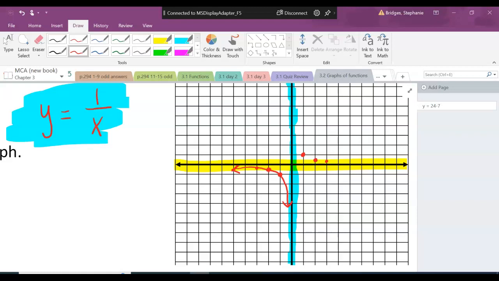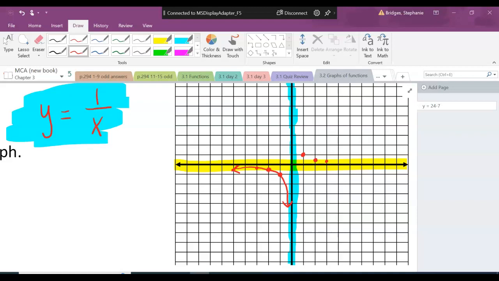Let me ask you this. Let's pick a big number. What if I chose 100 and I plug that in for x? Not that that's going to be on my graph, but that just gets a smaller number, right? If I did 1 over 1,000, that's even smaller. But I can't ever equal 0 no matter what number I plug in. So it just basically approaches 0 in either direction. It just cannot touch 0.